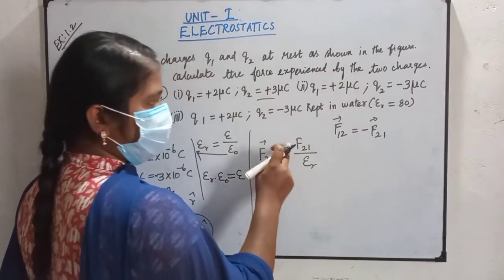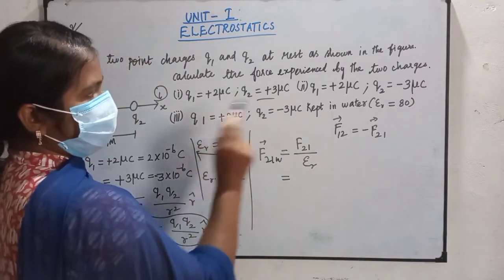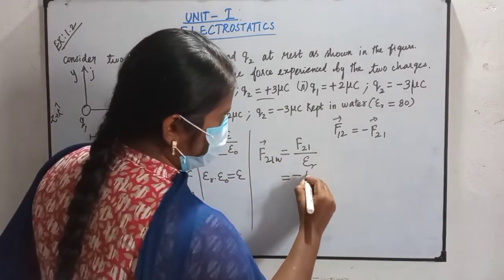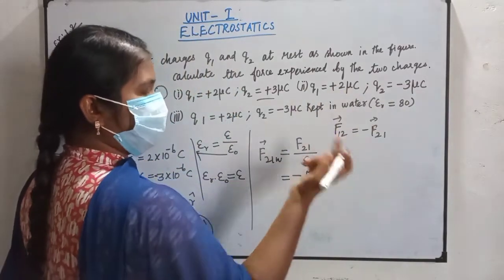We already found the value for plus 2 and minus 3 microcoulomb. What is that? Minus 54 into 10 to the power minus 3 i, the same value found in the second case.